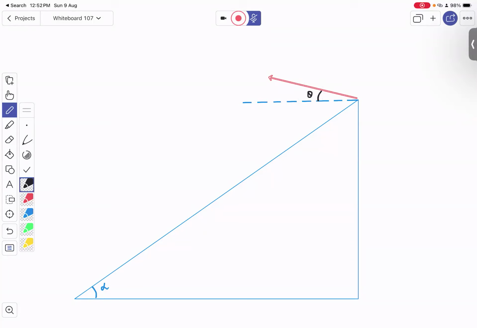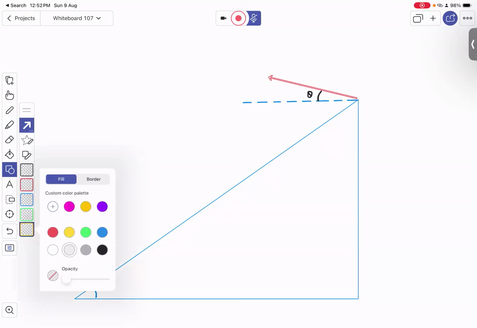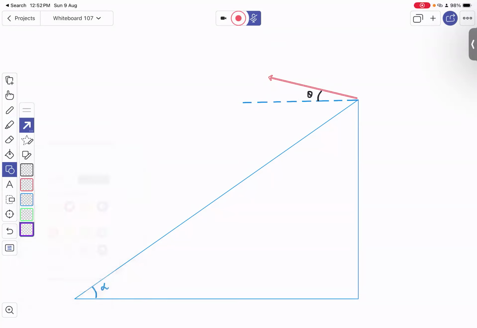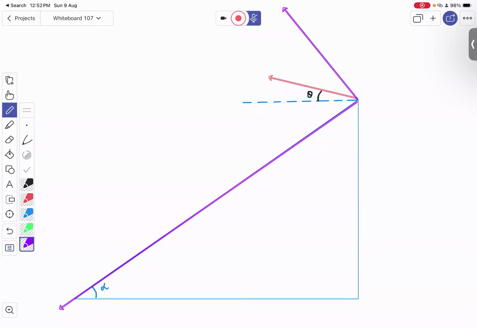Now, since the direction of interest is the inclined plane, we will consider down the inclined plane as our positive x direction. Perpendicular to the inclined plane like that is our positive y direction. So this is our plus x direction and that is our plus y direction.